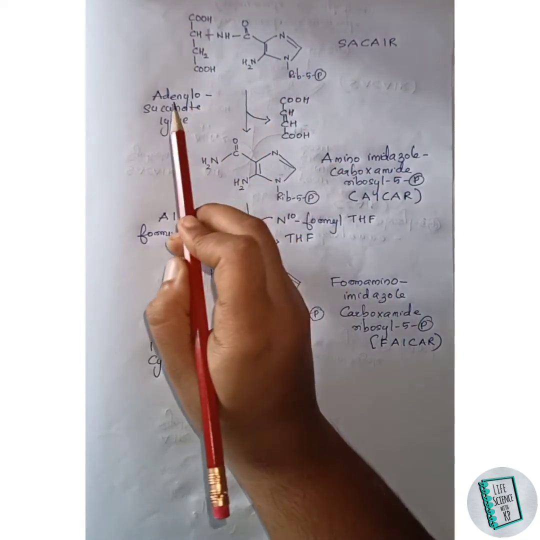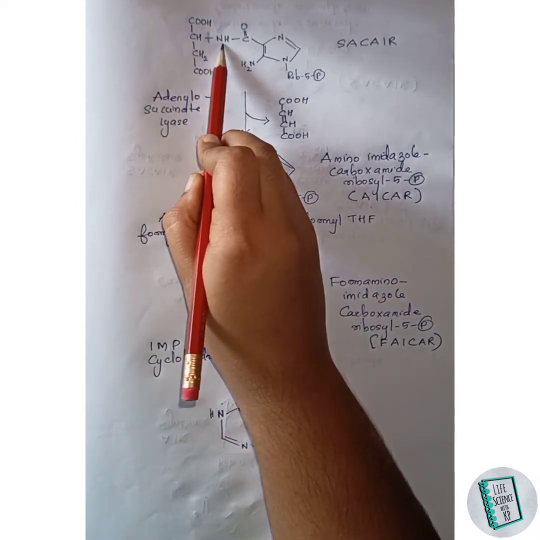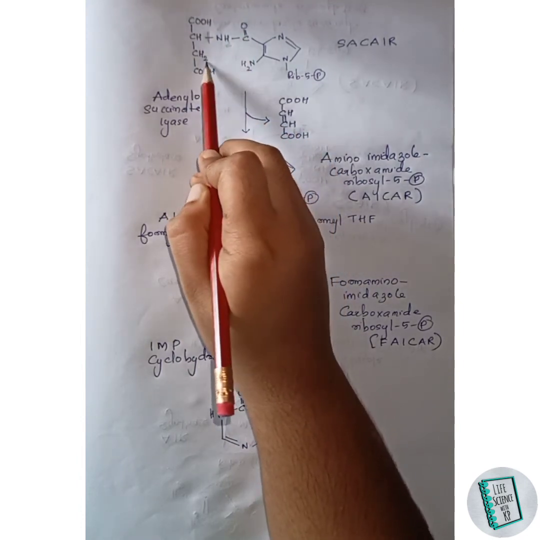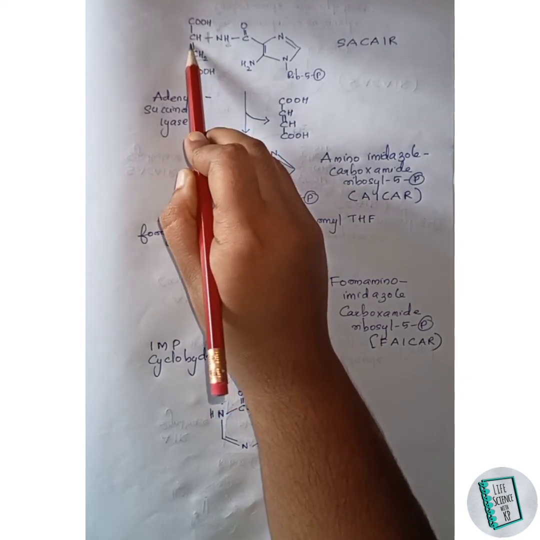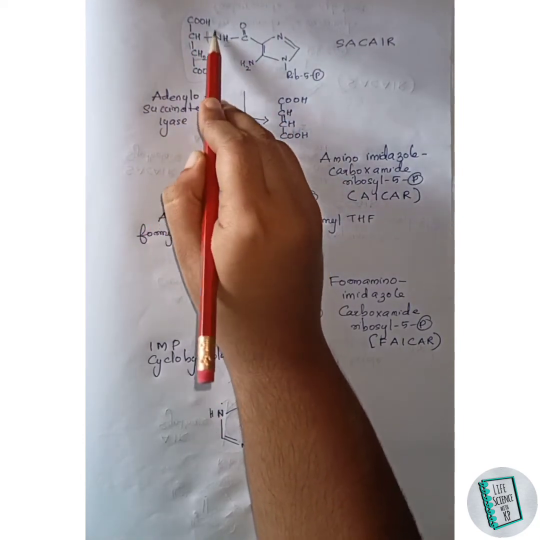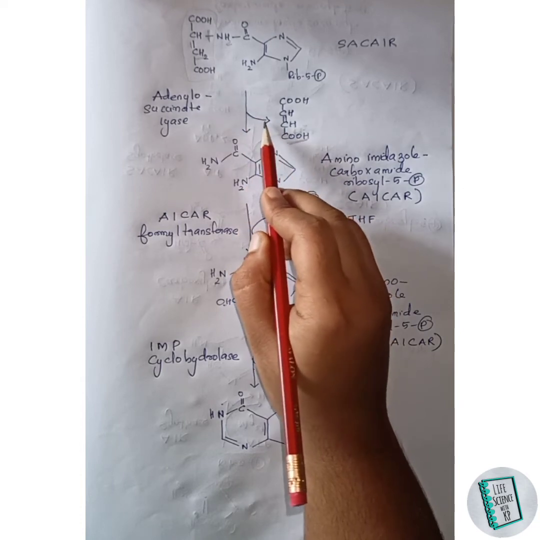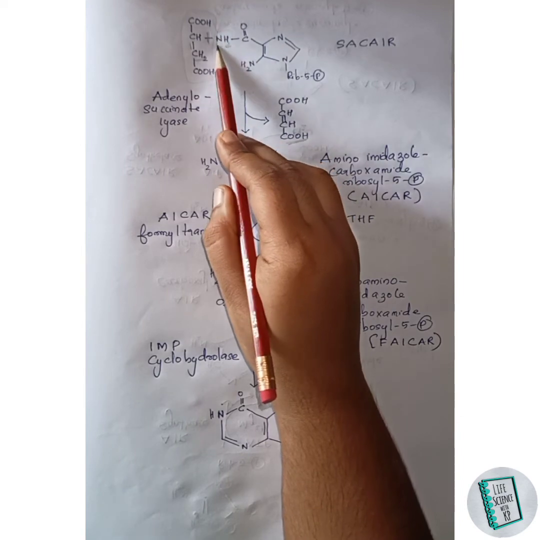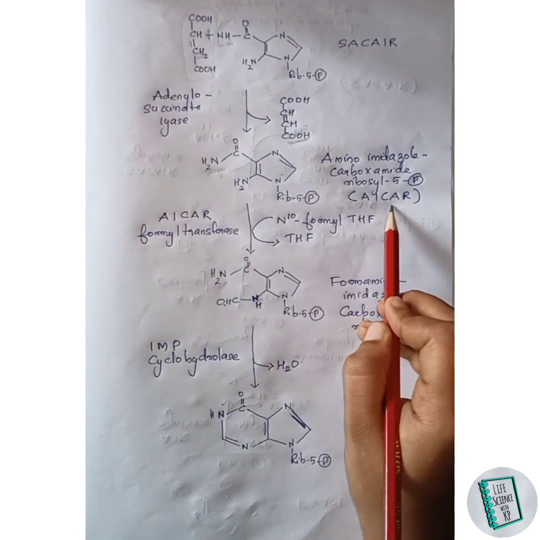So now this hydrogen joins with this NH and forms NH2 here, and there is rearrangement of hydrogen from this carbon to this carbon, and CH double bond CH is formed here. Thus this is cleaved as fumarate. So this fumarate is cleaved off from this structure and NH2 is formed here. Thus this AICAR is formed.